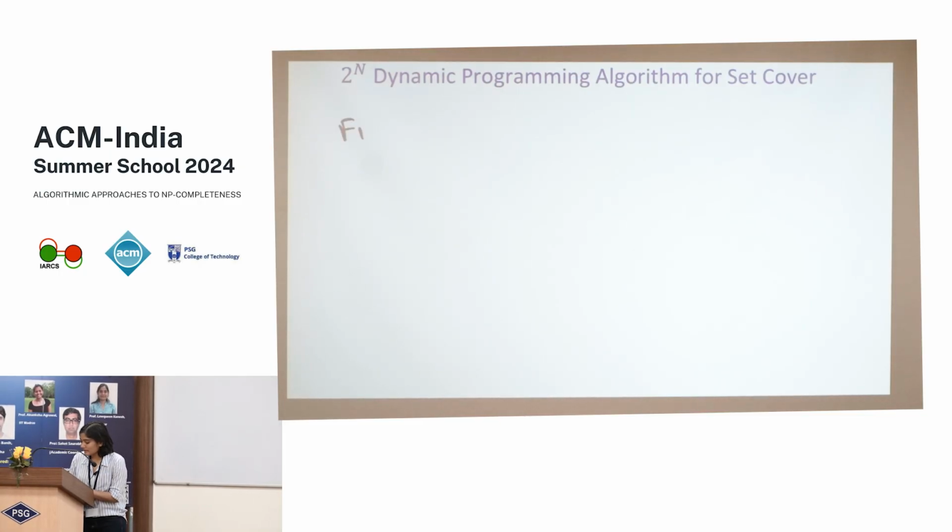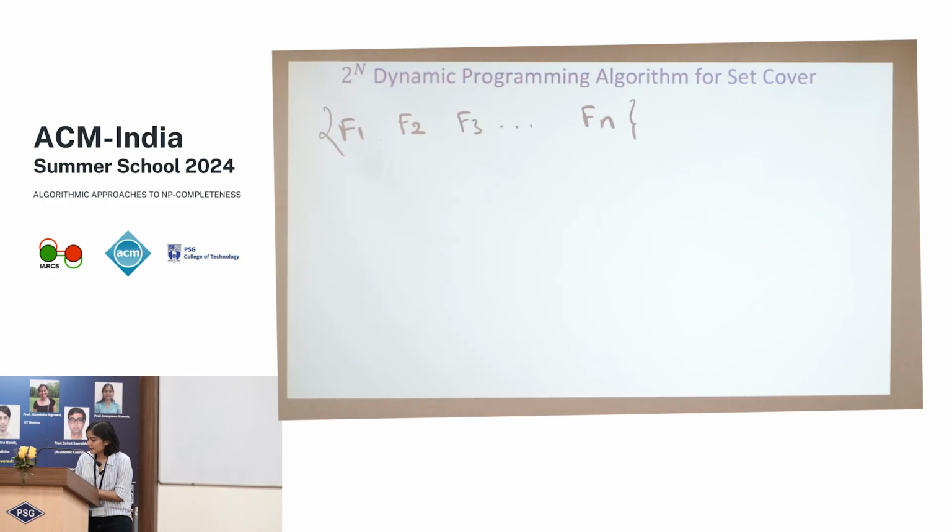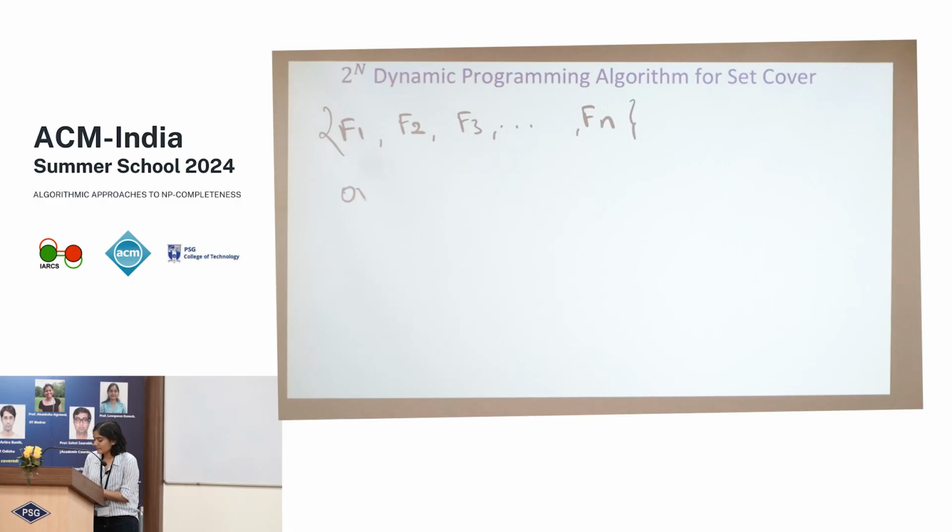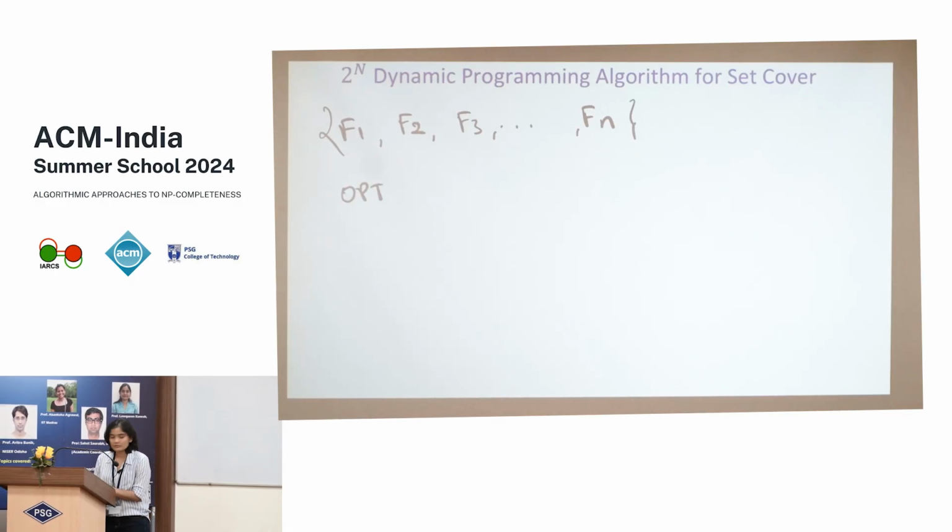So let's say this is my family F1, F2, F3, Fn, and what does my DP table store? I'm calling the DP table the opt table.